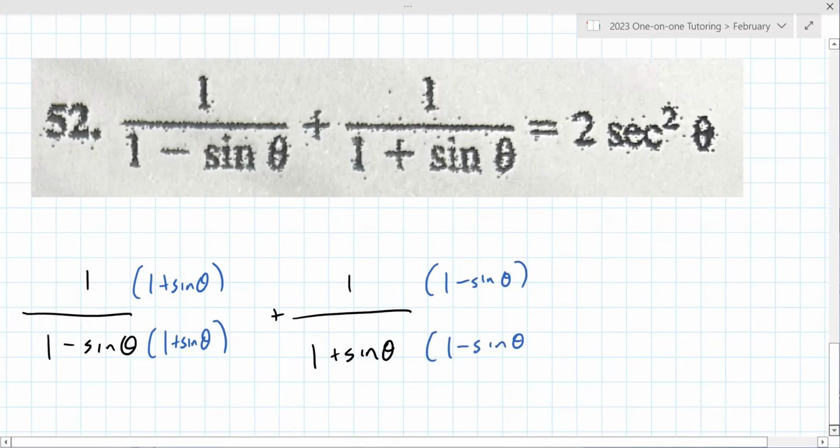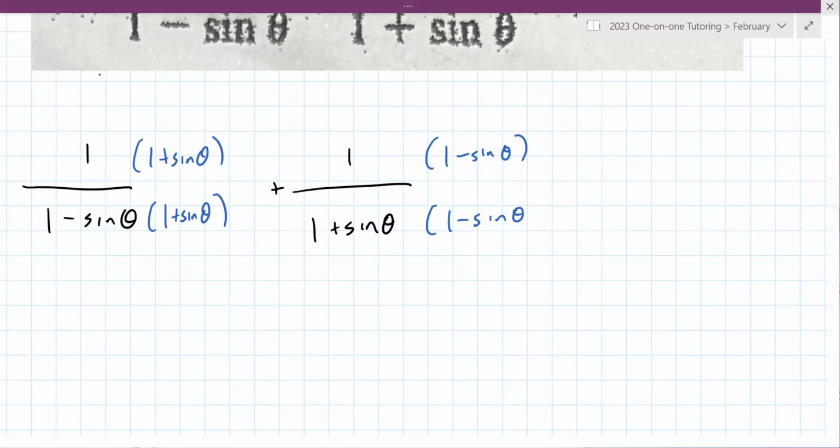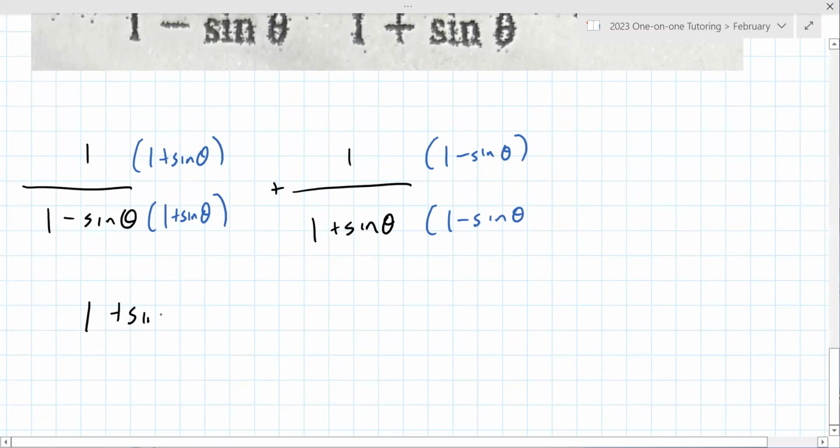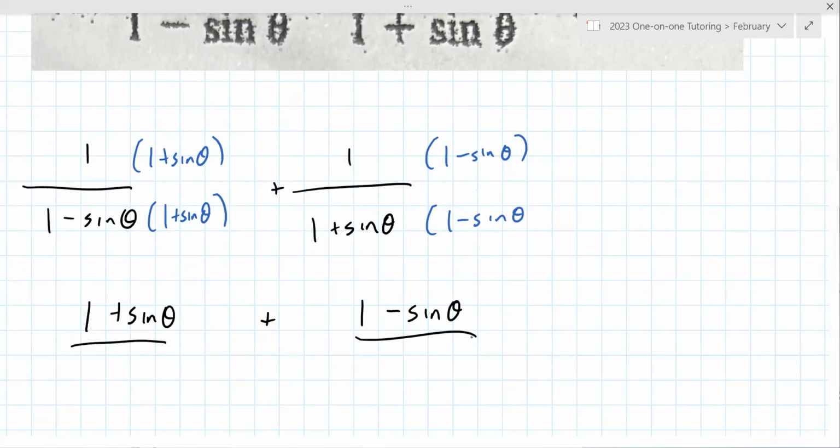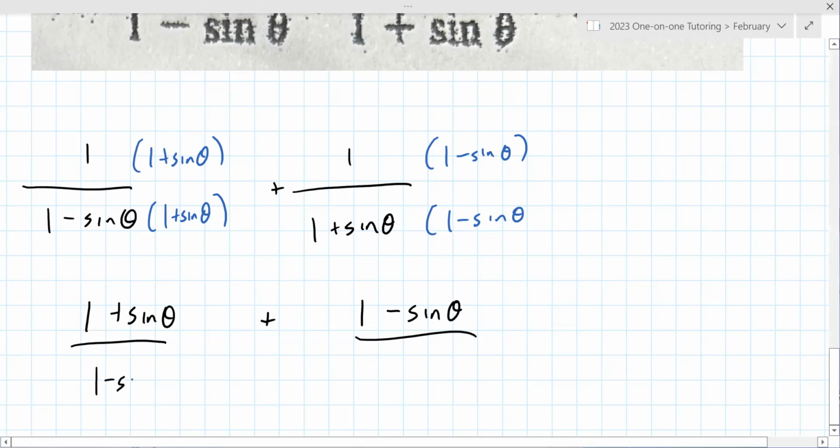So you're going to have to do the bottom for me again. The bottom for the first one is 1 minus sine squared theta. Okay, good.